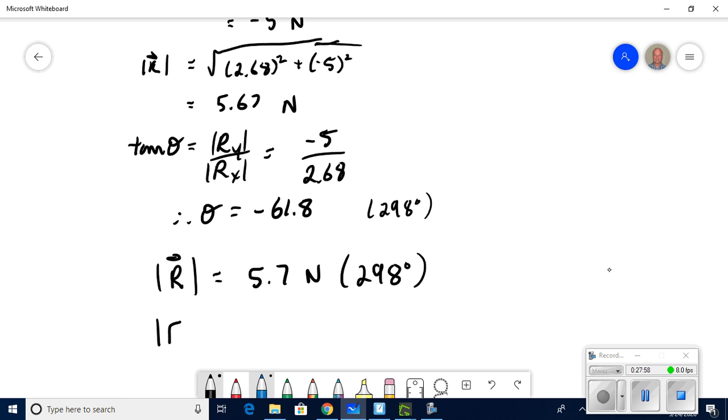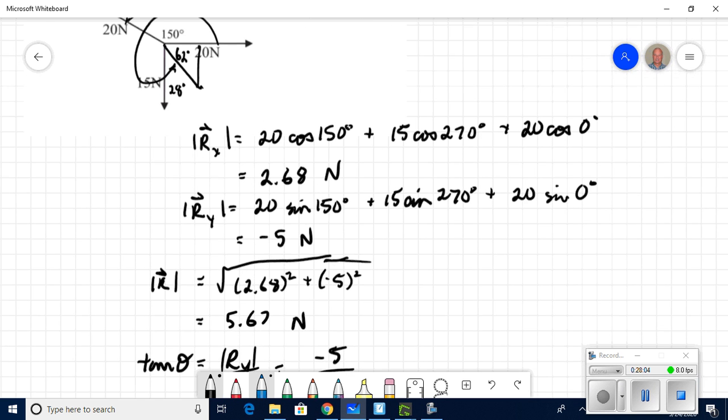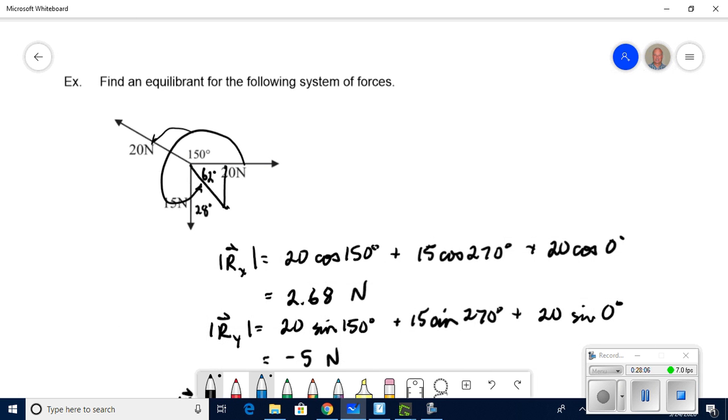My equilibrium vector would also be 5.7 newtons, but it will be in the reverse direction here. So that will be kind of like that, where this 28 degrees, that's the 62, and this is the 28.